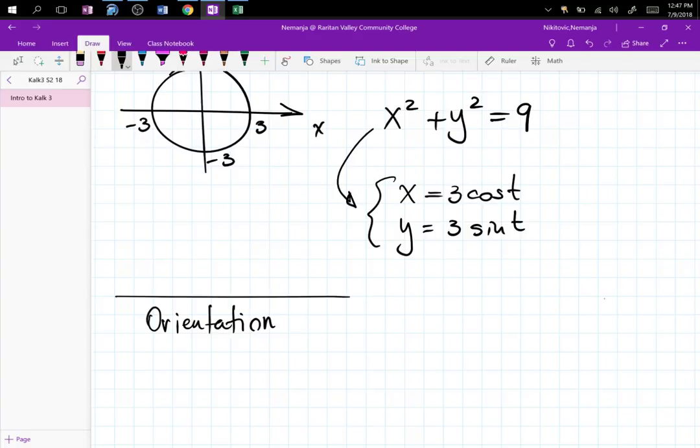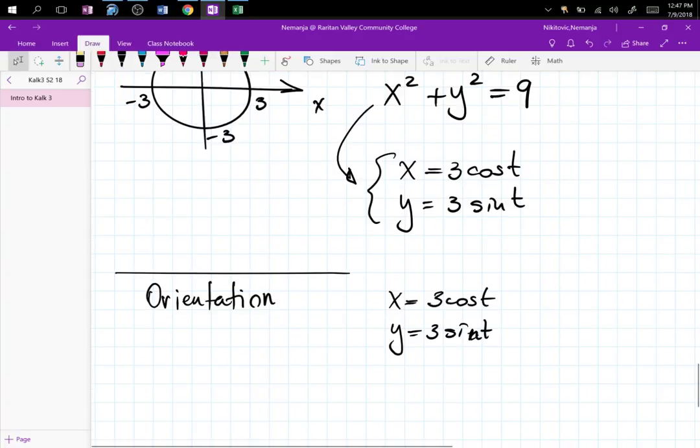So for orientation, I have x equals 3 cosine t and y equals 3 sine t to give me a circle of radius 3. And also x equals 3 sine t and y equals 3 cosine t to give me the same circle with radius 3.